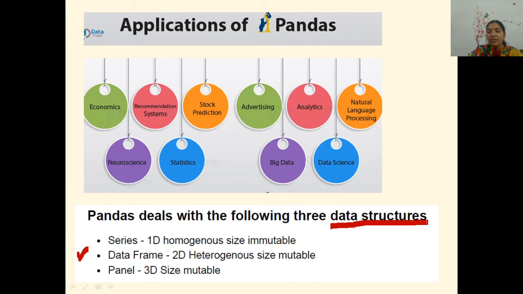What are these data structures? The first one, which today we are going to study, is the series, the second one the data frame, and the third one will be the panel, which is not mentioned here at this moment in your syllabus. Still, series and data frames, those two things we have to study well.